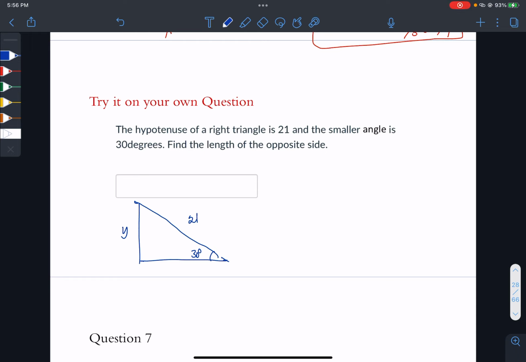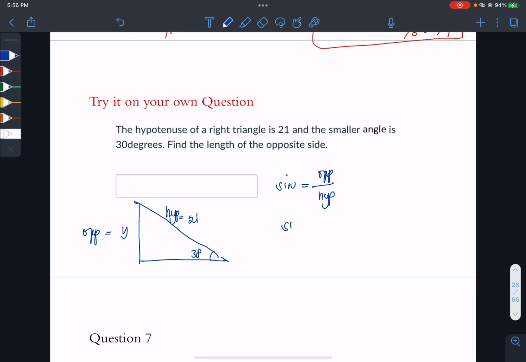To find the length of the opposite side, we need to determine the trigonometric relation. This one is the opposite and this is the hypotenuse. Opposite over hypotenuse is equivalent to sine.